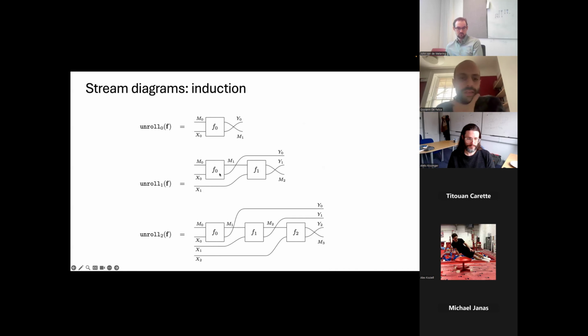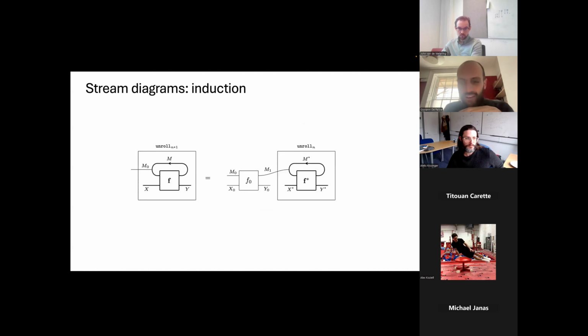Unroll 1 would be time step 0 and then time step 1. So here you can see that I have some initial memory, the inputs at the two different time steps, the outputs at the different time steps, and the memory as an output. So the output of this unrolling always goes from the inputs to the outputs, along with the memories. Similarly here with unroll twice.